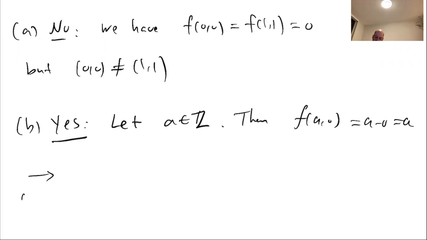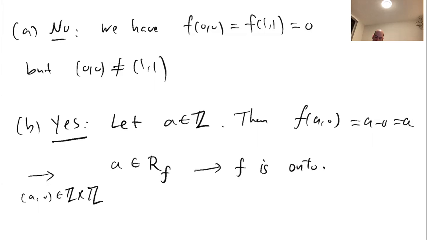And a and 0 is in the domain, because it is in Z cross Z. So that means a belongs to the range of f, and that means f is onto. I took an arbitrary element in the codomain and showed that at least one element in the domain is mapped to that element a, which means my function is onto.